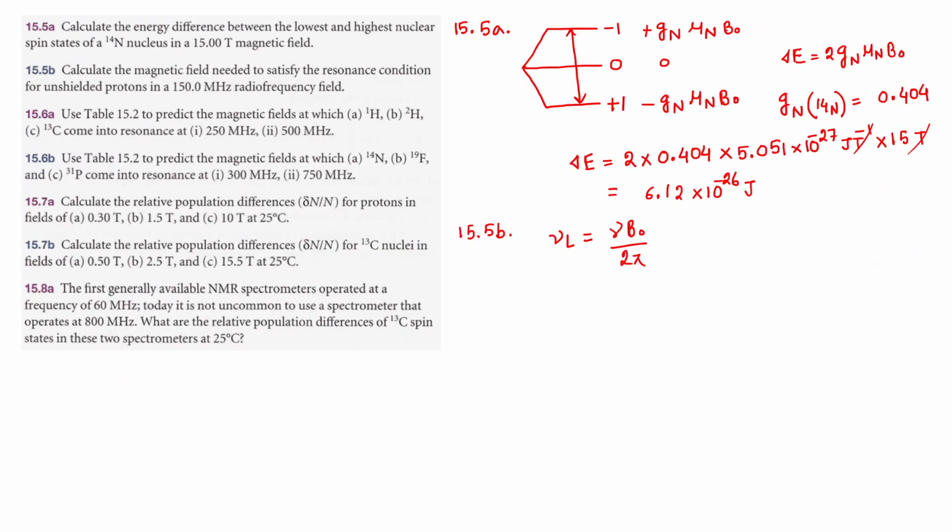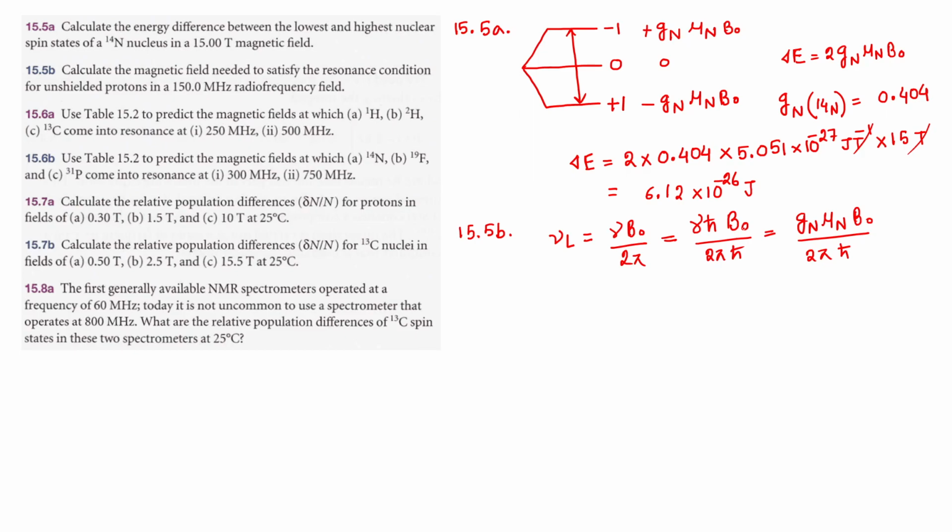If not, then obviously we will go with whatever we know till now. So I am doing a back calculation. Gamma h cross by B0 will be 2 pi h cross. It is Gn mu n B0 by 2 pi h cross.